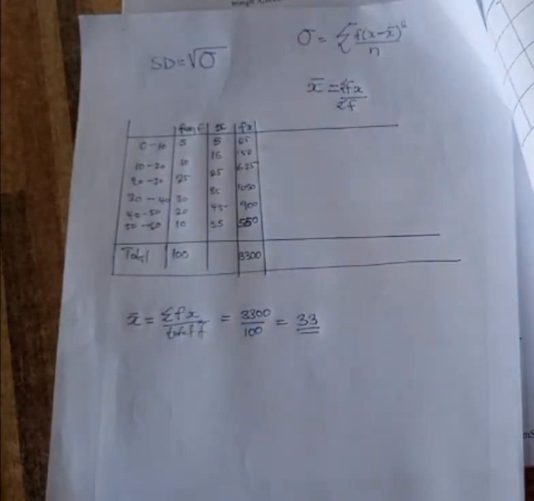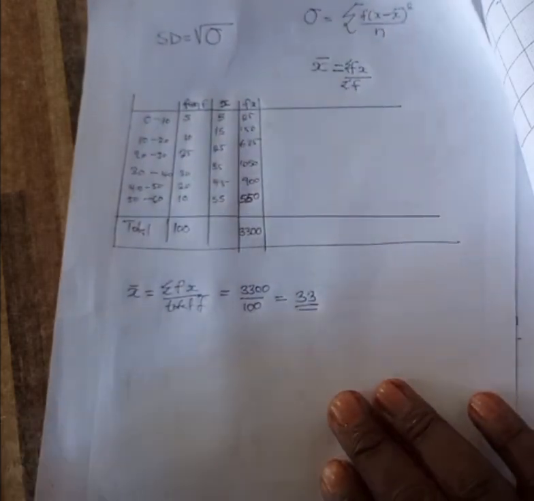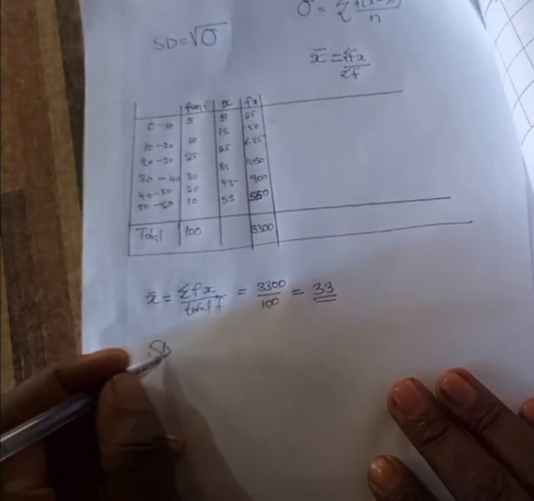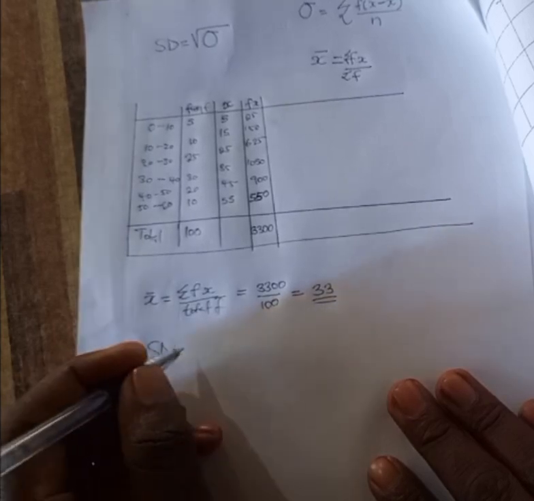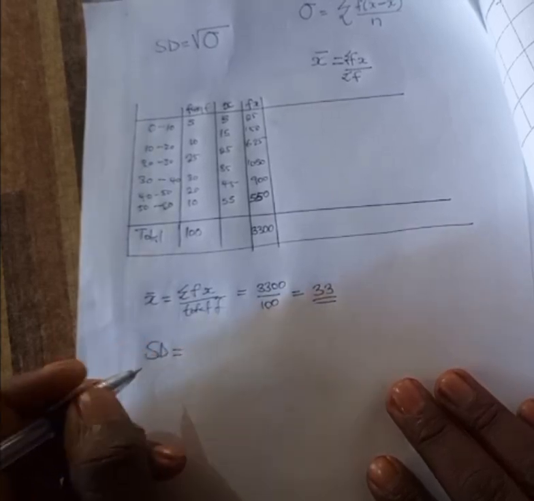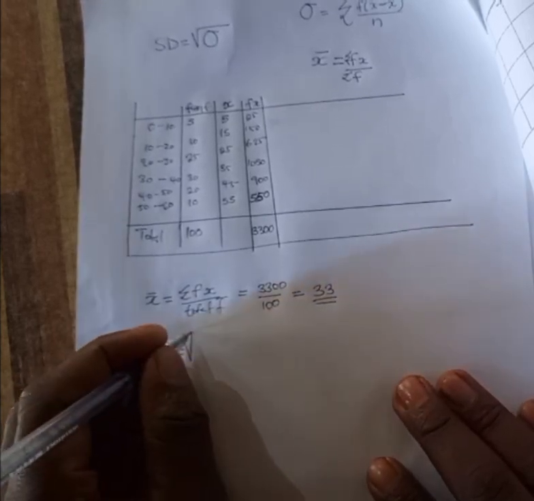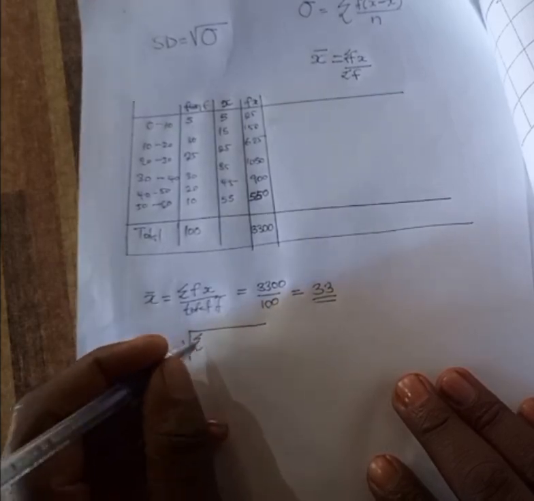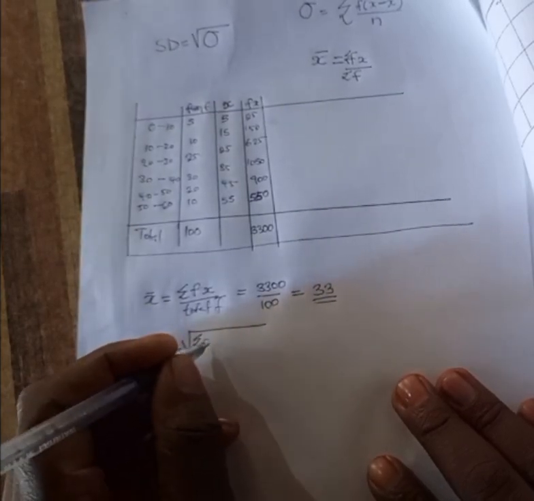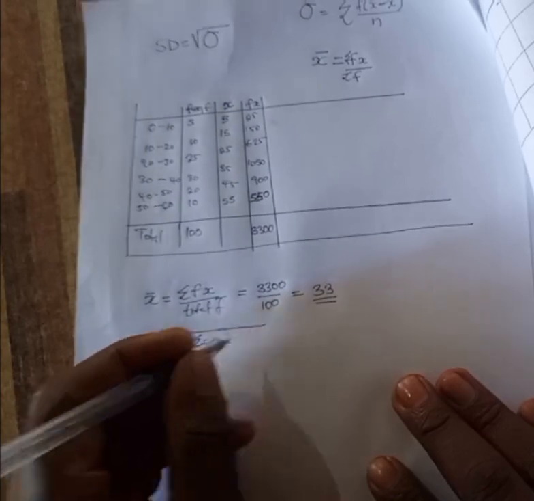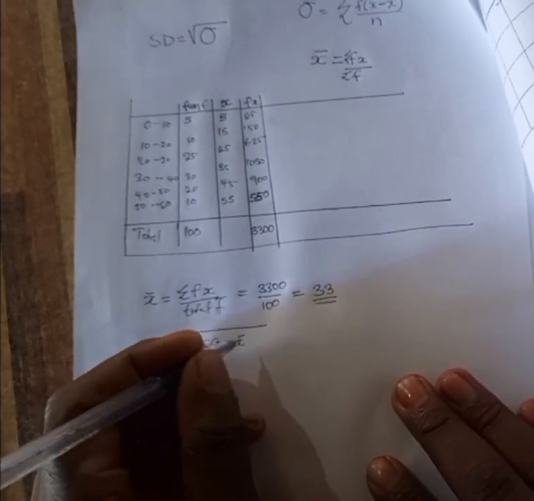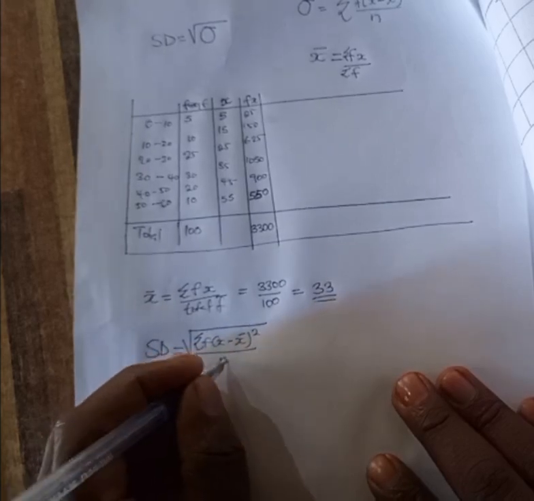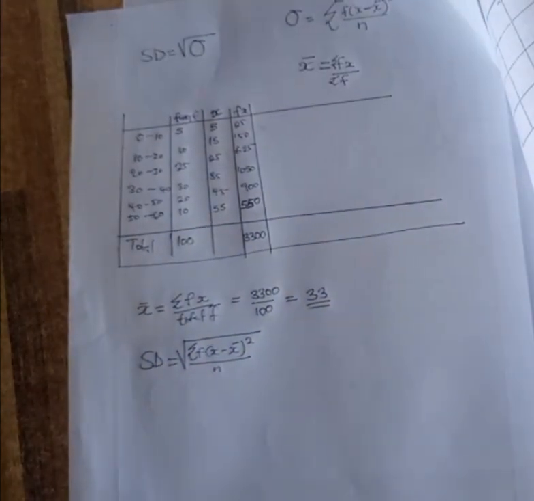Having known the mean, now we can go to standard deviation. Standard deviation, which is SD, is equal to the square root of x minus x bar, squared, over n, where n stands for 100.